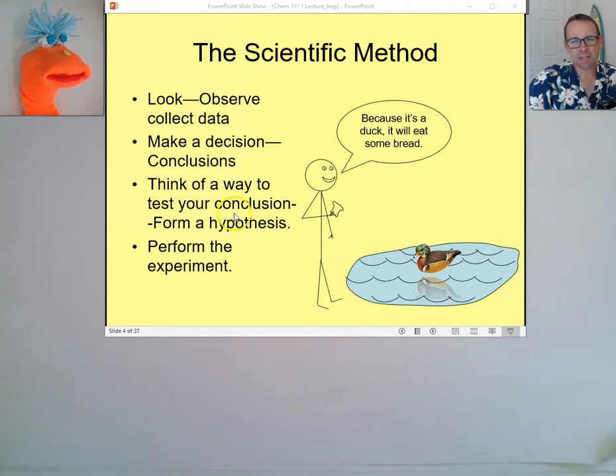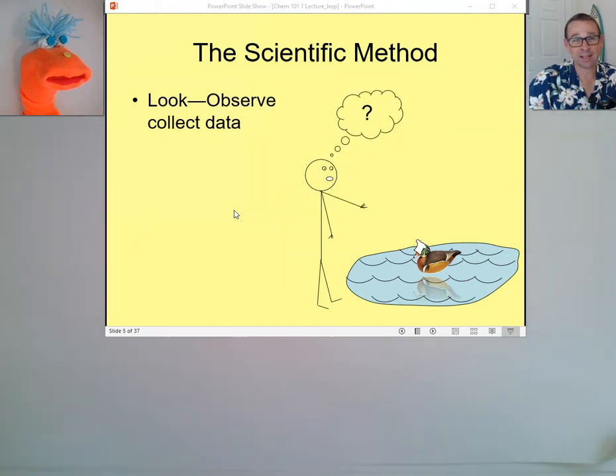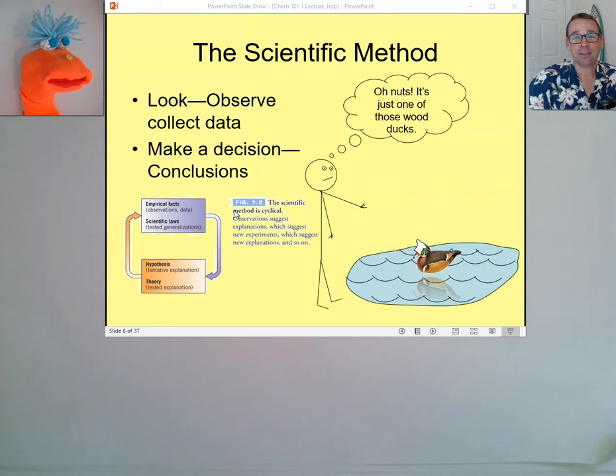When you perform the experiments and you observe again and look at the data again, then you make new conclusions and decide to perform new experiments based on those conclusions. So this is cyclic in nature.